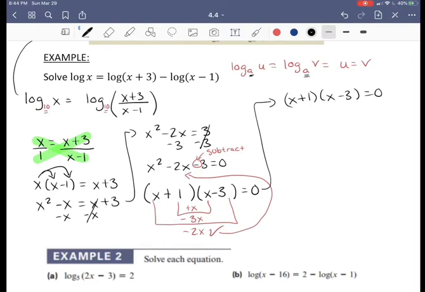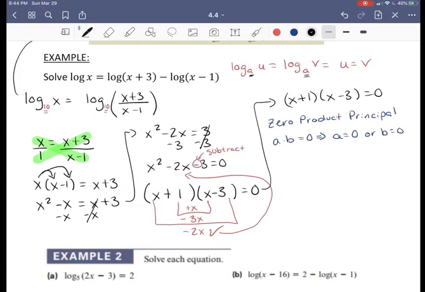Then we're going to use what is known as the zero product principle, which states if I have a multiplication of a times b equal to 0, then a is equal to 0 or b is equal to 0.